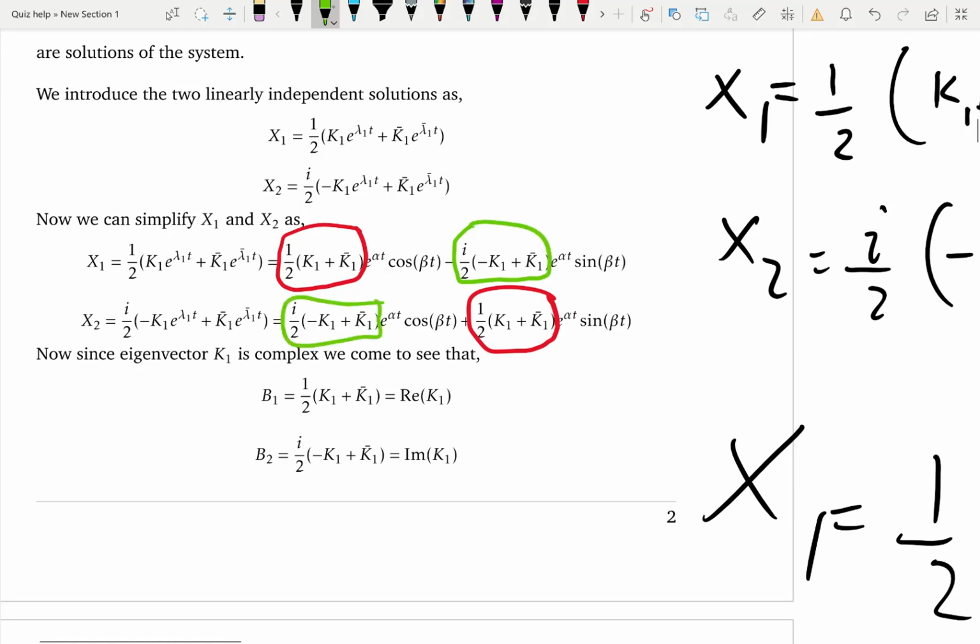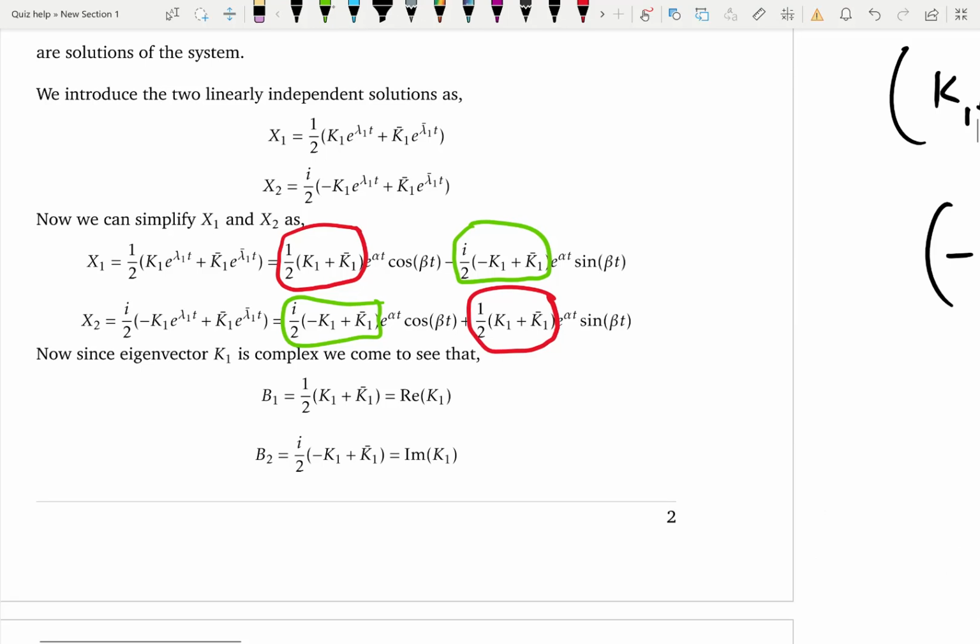So you can see these same color terms are similar, right? Now let's focus on the red term, because that red term is very special. Even the green term is also special, but if you understand the red term, you can understand the green term too. So the red term says k1 plus k1 bar over 2.